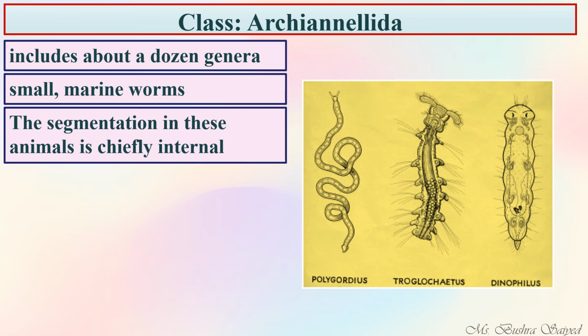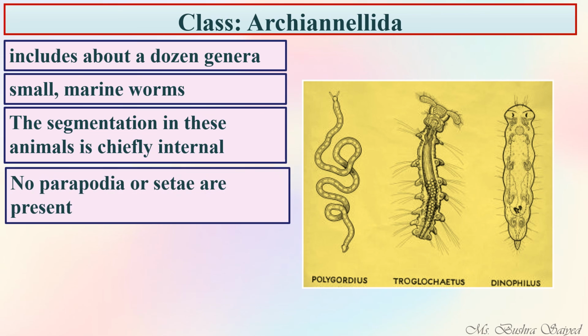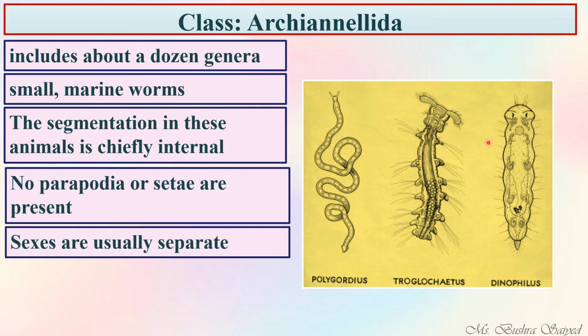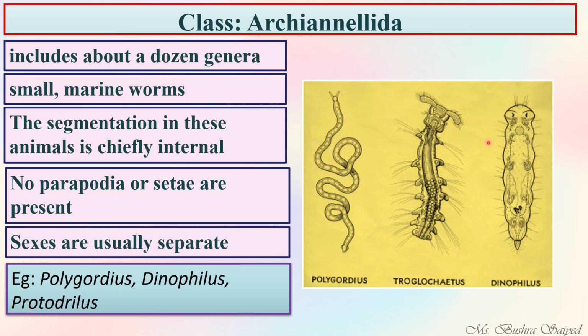The segmentation in this organism is chiefly internal, no external segmentation, no parapodia present, but yes, setae are present. As you can see in the diagram, the setae are clearly visible. Sexes are usually separate. Examples are Polygordius, Dinophilus and Protodrilus. You can easily see the organism diagram here.